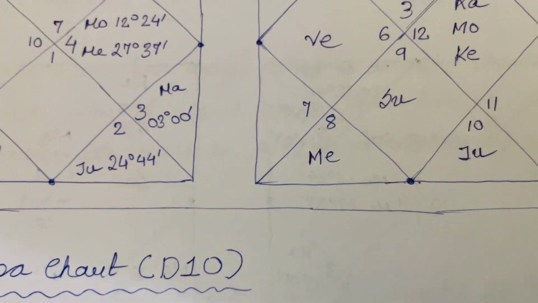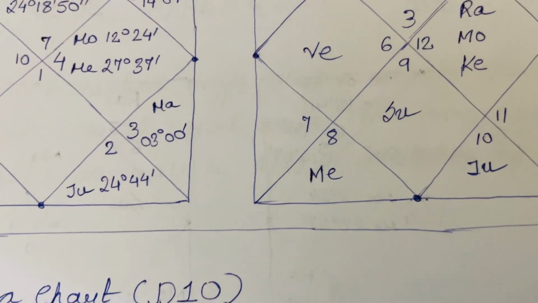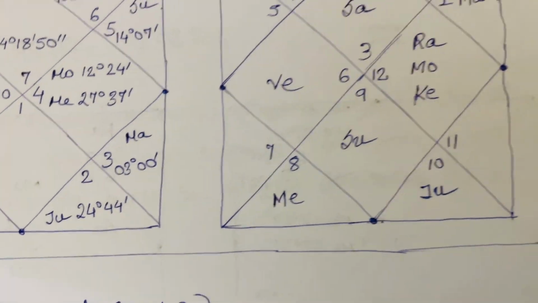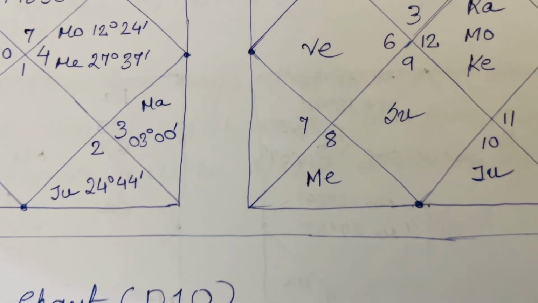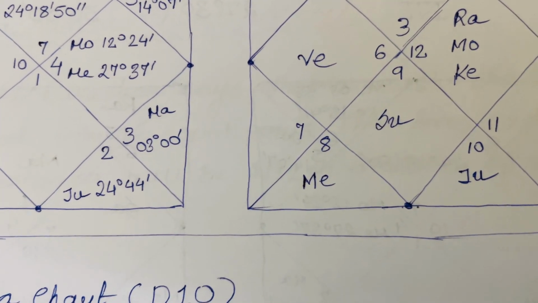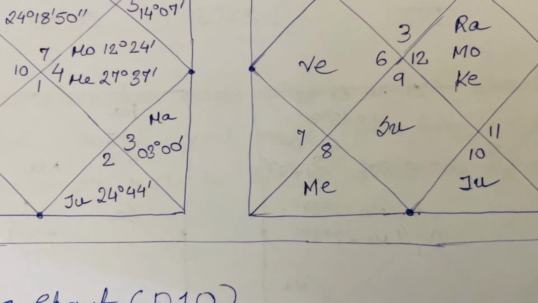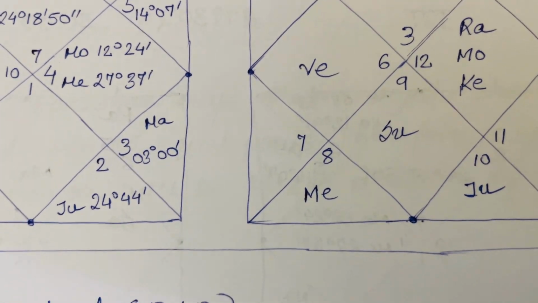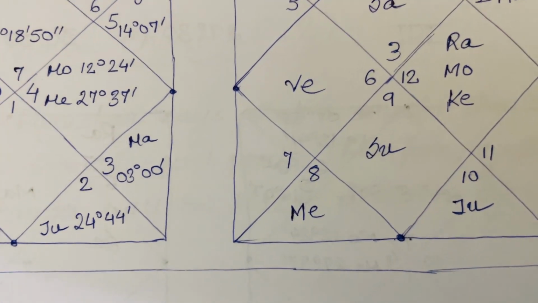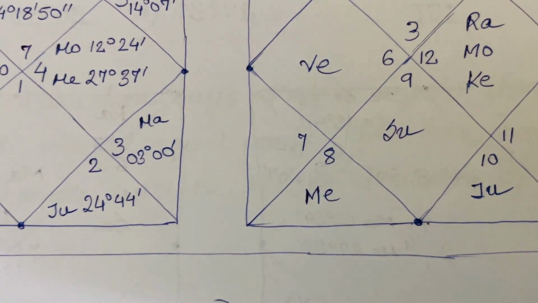Now you have the longitude of all the planets, you know in which particular Rashi the planets are placed. So from that information, you should also be able to find out in which particular nakshatra a planet is placed. Correct? You will also be able to find out the birth nakshatra of that individual.